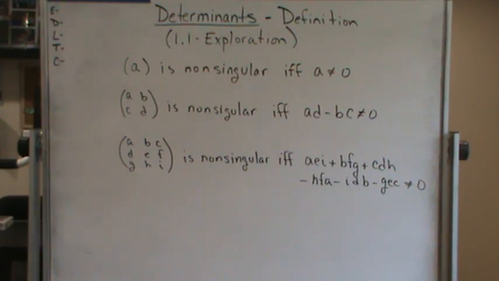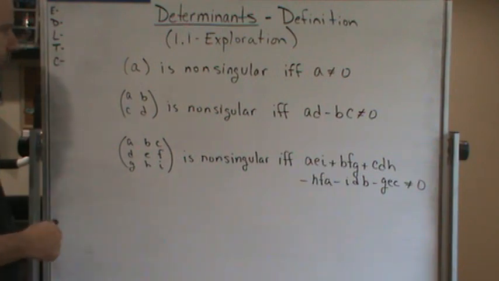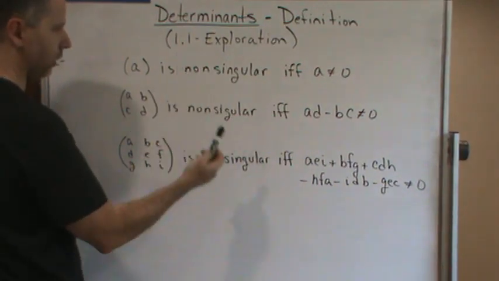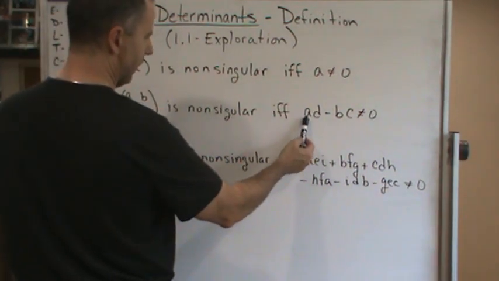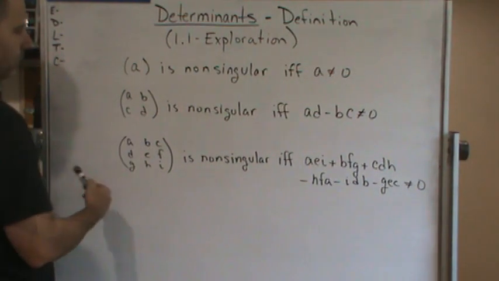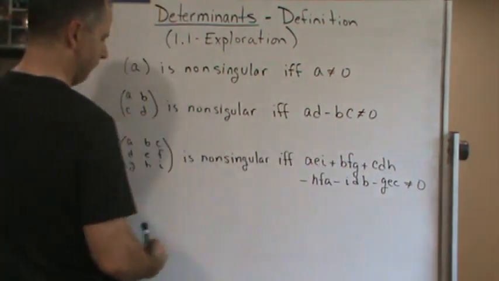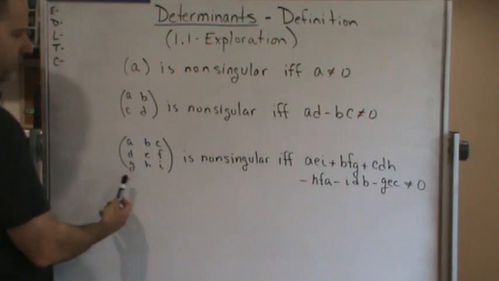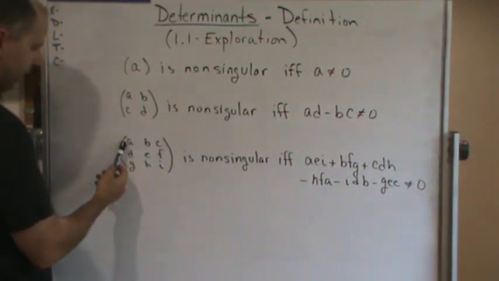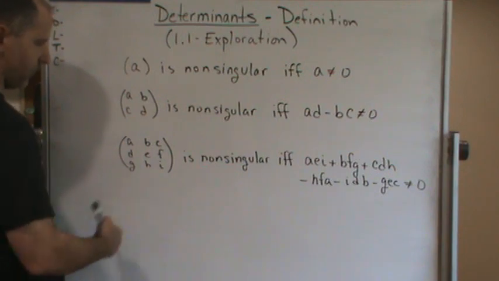Now, if you look at it, you might even notice that, for example, in this case, it's trivial. But in this case, notice that in this term, A and D come from different columns. So do B and C. Okay, here you might notice the same thing, right? Take each term, A, E, I. A, E, I is in different columns.